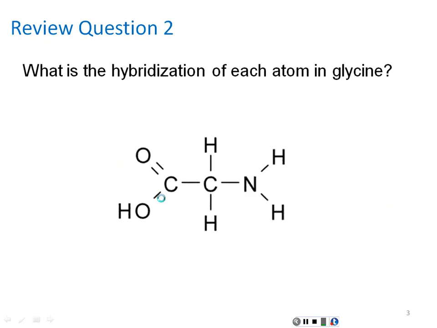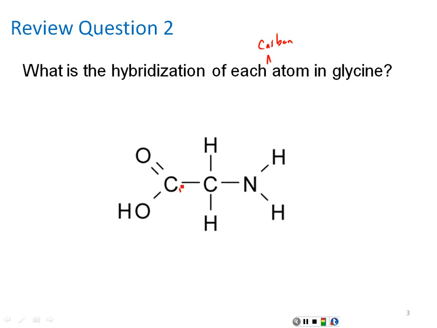Here's the final review question for today. What is the hybridization of each carbon atom in glycine? So take a few moments and answer this question. All right, let's look at this carbon first.